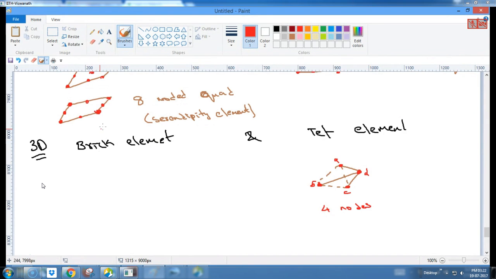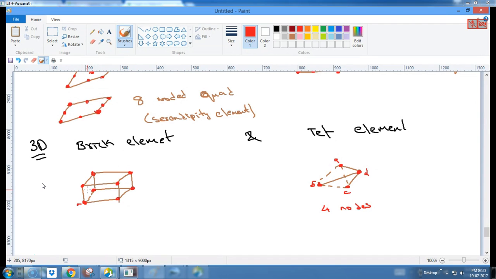Similarly, if I come to the brick element, this is like a brick, and at every vertex you have a node: 1, 2, 3, 4, 5, 6, 7, 8.